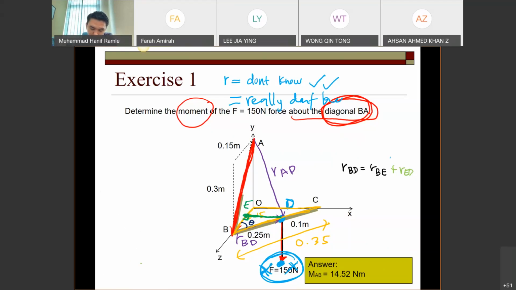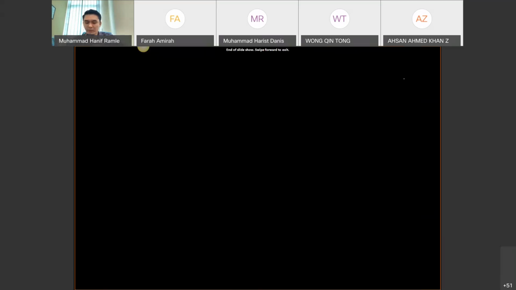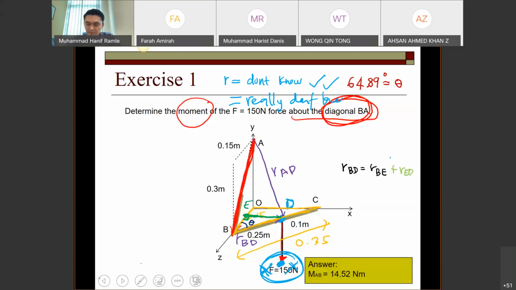Is it 4.8? Sorry, for theta, CBO, is it? CBO, yes. The theta is, I got 64.89. Okay, everyone please check the answer. Do you get the same answer or not?